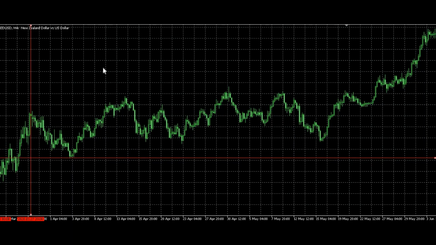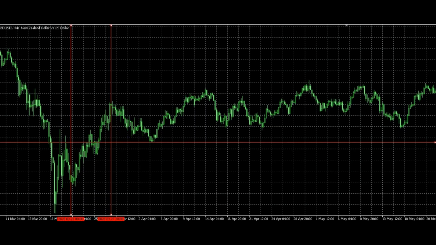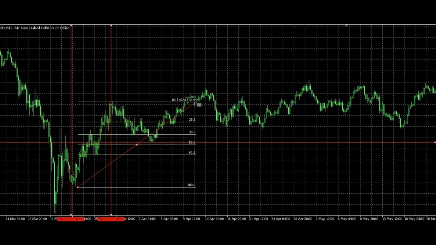So what do we have to do? If we look at the Fibonacci correction, let's remove it. According to the Fibonacci correction, it was corrected by 50%. It could be a zigzag as well as a flat.